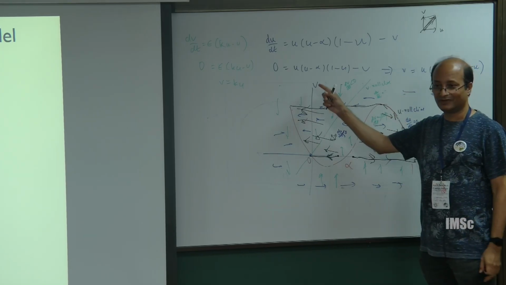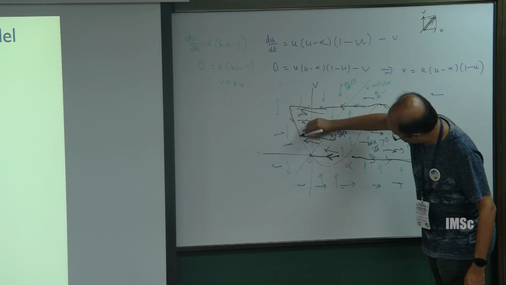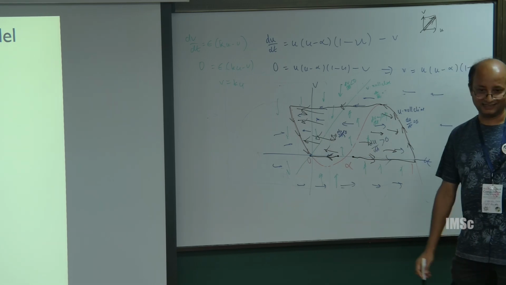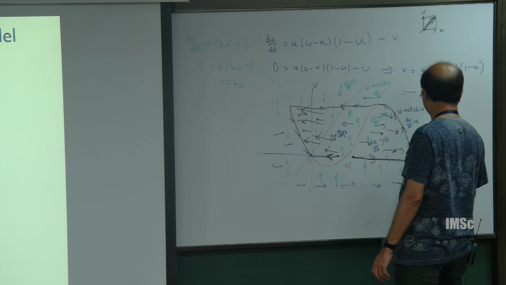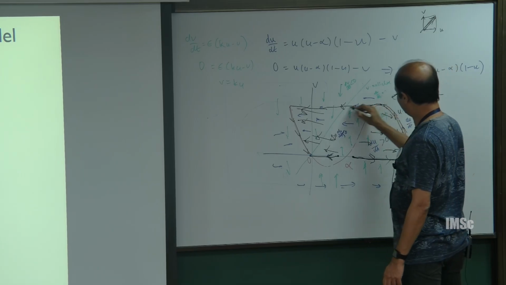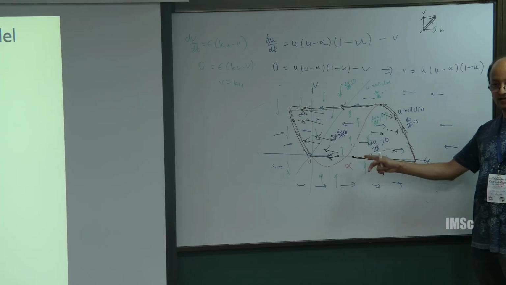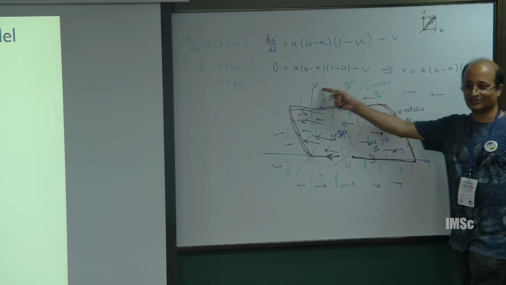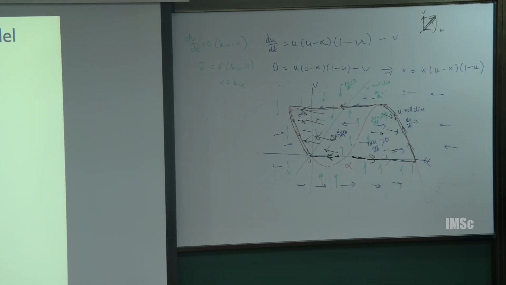Now which way is v pointed? Down. And so you will flow down this until you reach back the resting state. So this is your trajectory when your stimulus is bigger than the threshold. Initially you get pushed away from the resting state, but you do a long excursion and eventually come back to your resting state.